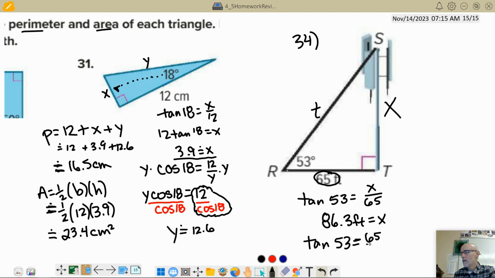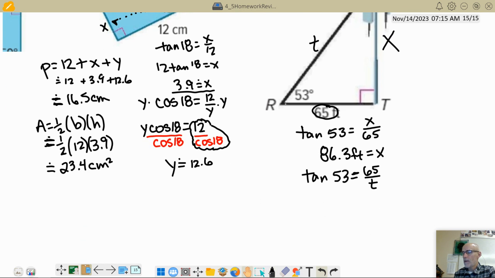And this is where you got to multiply both sides by t and then divide by the tangent of 53. So I get t times 65, right? See how using t is kind of awkward sometimes. So I multiply this side by t, multiply this side by t, and these t's divide out. And now we got to divide by the tangent of 53.